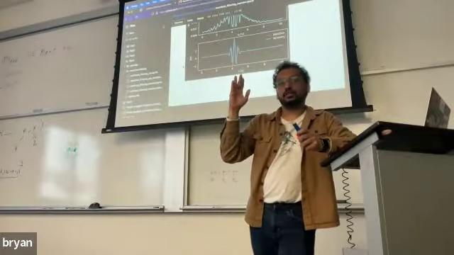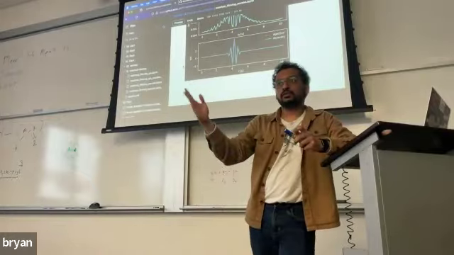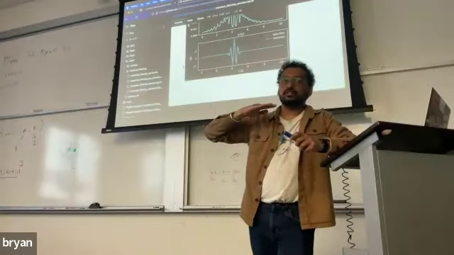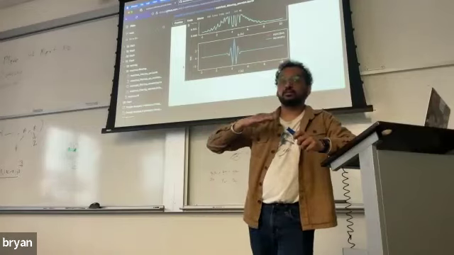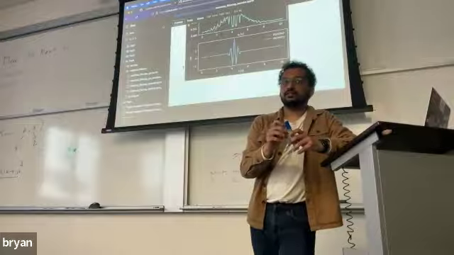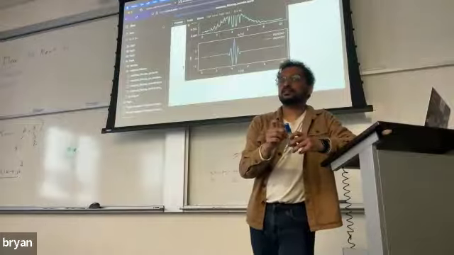So you want to make sure that you throw a million signals, but you also want to make sure that the parameter space that you're sampling over or drawing grids over is small, so you actually have dense coverage. Make sense? Okay.